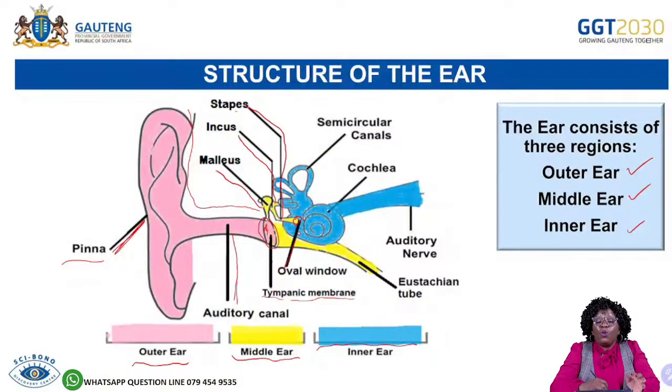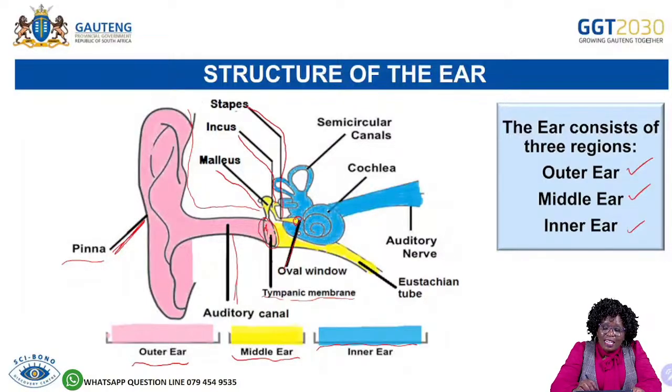You will understand when we start talking about the functioning, the significance of these middle ear bones, where the first one is attached directly to the tympanic membrane, and the other one leads to the oval window. We do have another window that we'll talk about later. So there are 2 windows, but you must understand where the window is located and also know the function thereof.